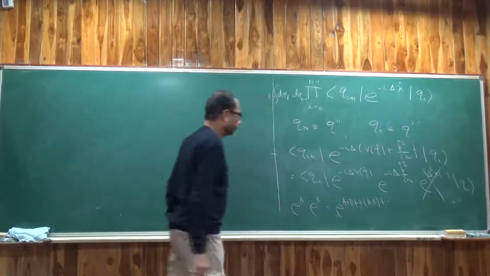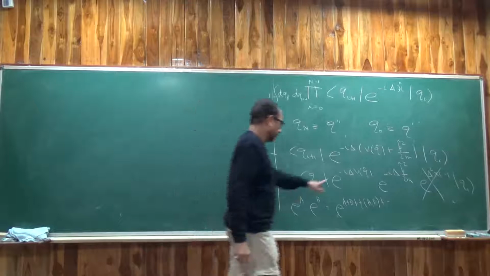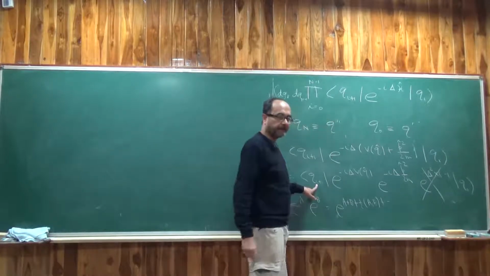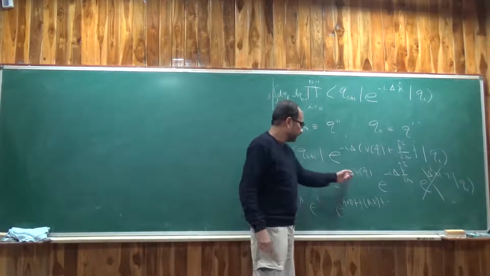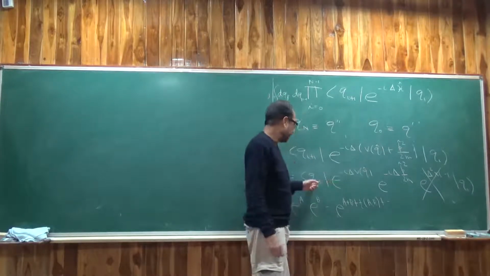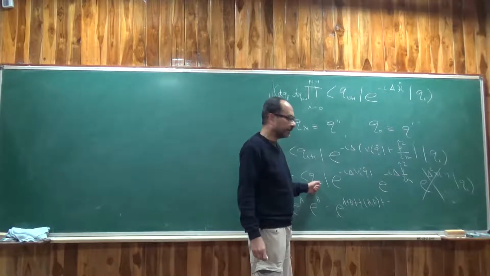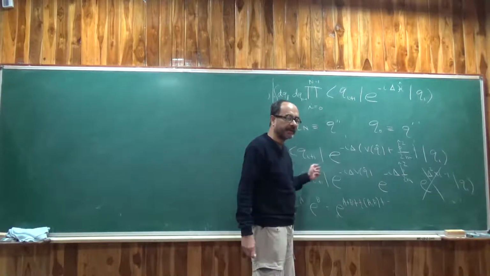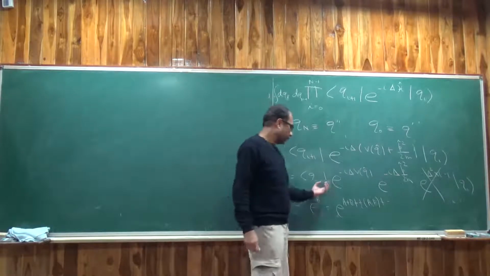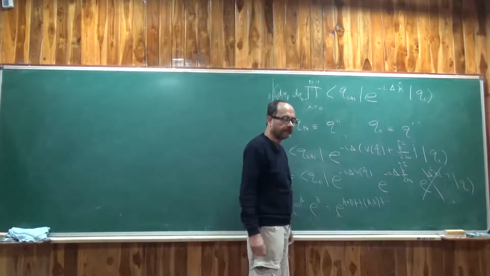Okay, so now this is an eigenstate of q hat. This is a function of q hat. So what will happen when this acts on this? This is of course a Hermitian operator, so q hat acting on the left and right gives the same thing. So you know the result for this.